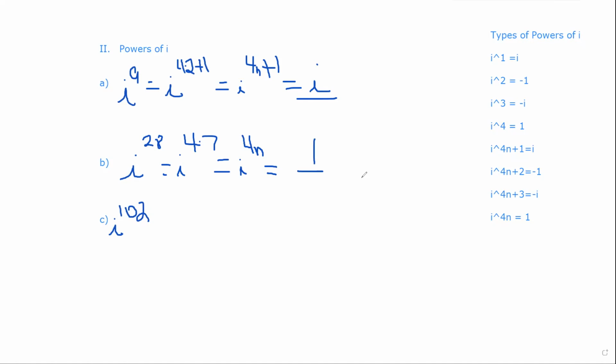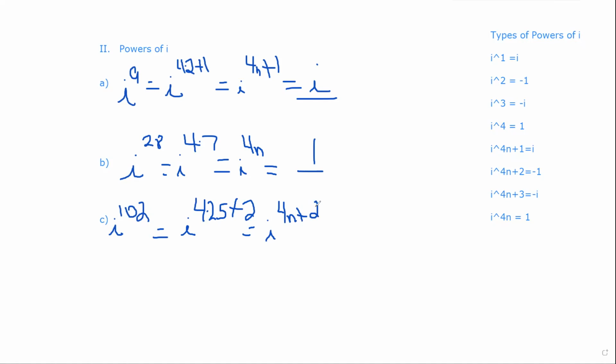That's the process. And then same process with i to the 102. Let's try it. For i to the 102, we could do 4 times 25, because that will make 100. So 100, what's left over would be plus 2. So therefore, from that process, I'm able to see i raised to the 4n plus 2.